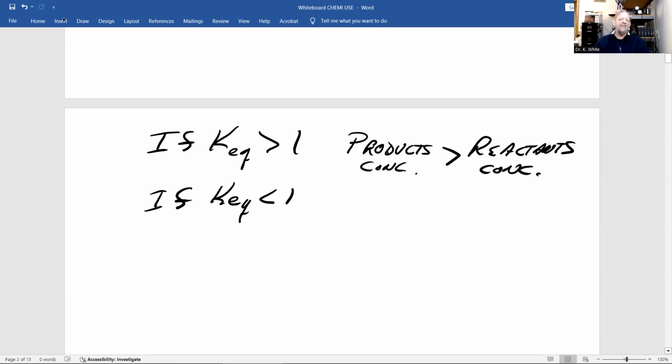If the equilibrium constant is less than 1, it won't go that far to the right. The amount of reactants will be greater than the products concentration.